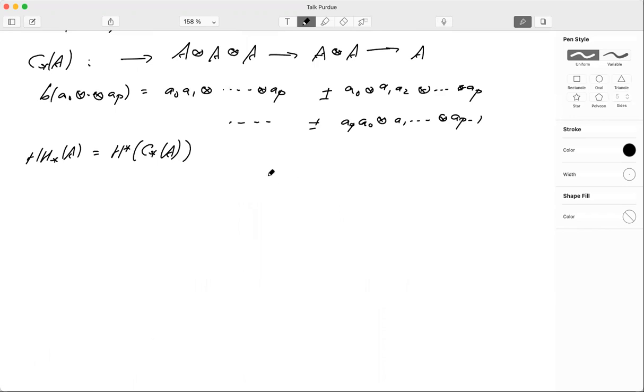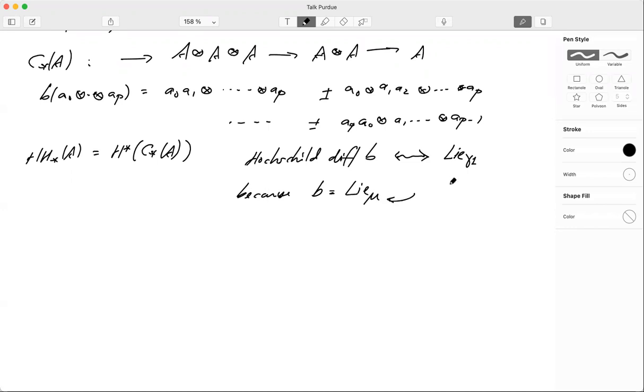So this Hochschild differential B is going to take the role of this Lie derivative with my gamma 1, because B can be thought of as Lie derivative with respect to mu, where mu is this collection of maps, my infinity structure.